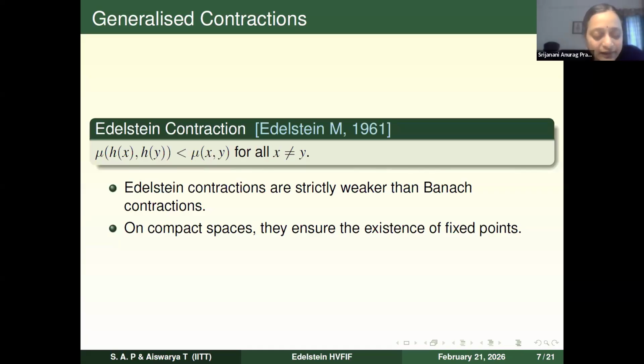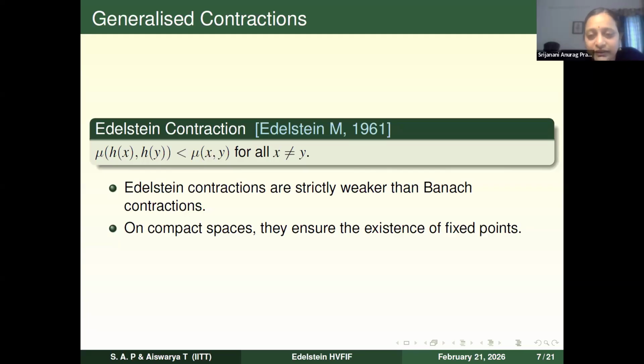They are strictly weaker than Banach contractions, and Banach contractions sit inside the space of Edelstein contractions. On compact spaces, an Edelstein contraction map ensures the existence of a fixed point.